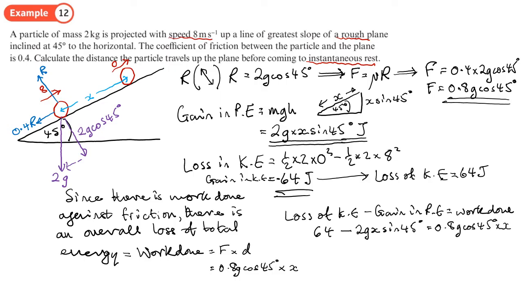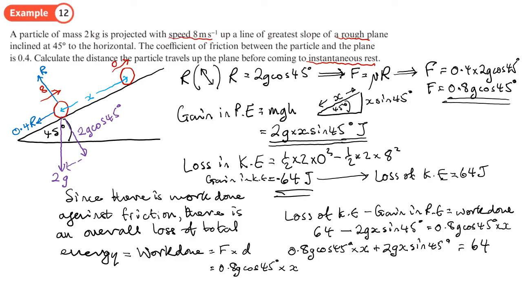So we just want to rearrange this to make x the subject so that we can work out what it is. If I write it like this, 0.8 g cos 45 times x plus 2gx sine 45 equals 64. So just moving things around.